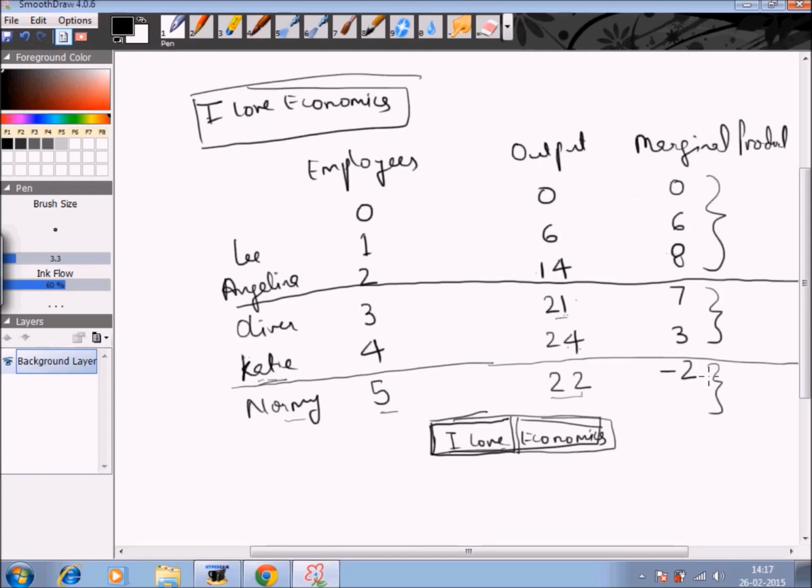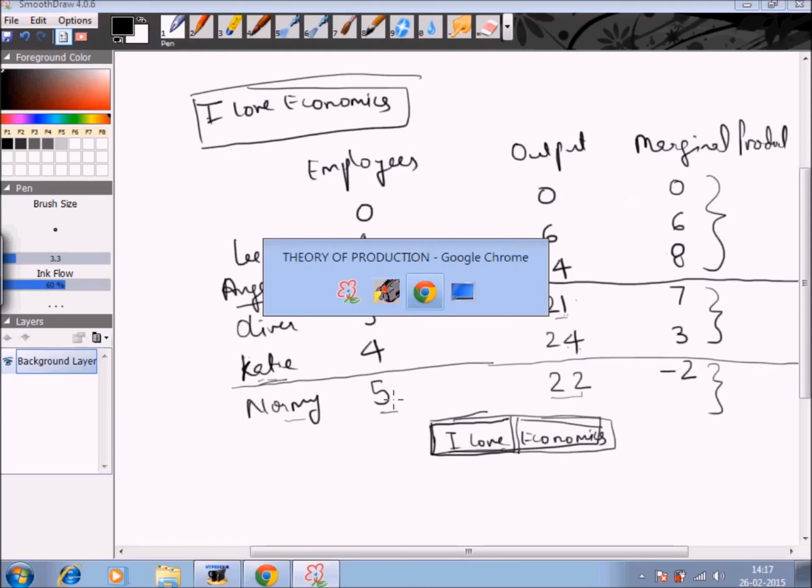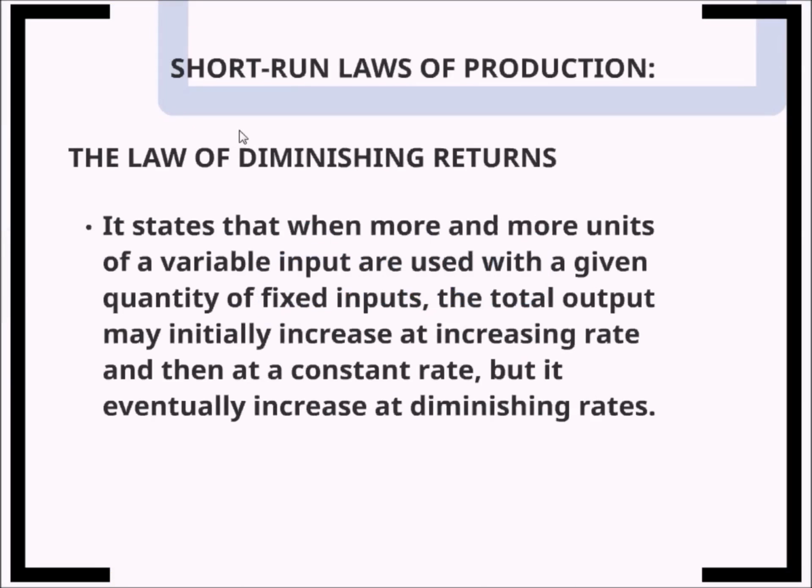So let's now see what the law says. The law of diminishing returns states that when more and more units of a variable input are used with a given quantity of fixed inputs, the total output may initially increase at an increasing rate. This is what we have seen till Angelina.